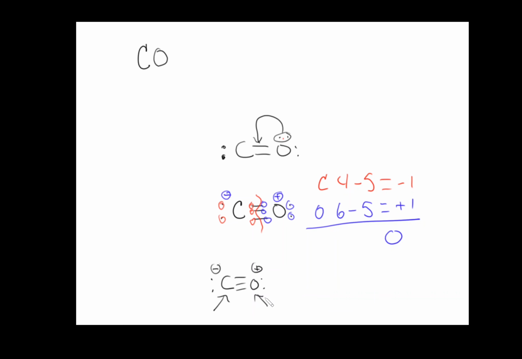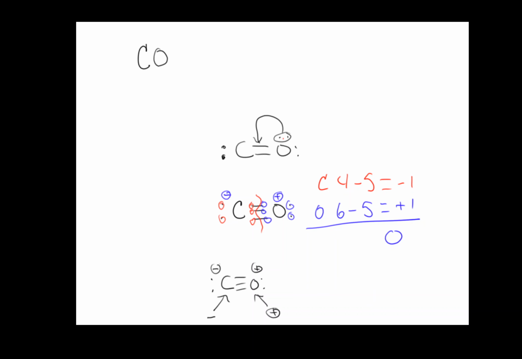And yet, look, the positive is on the oxygen and the negative is on the carbon, which seems completely counterintuitive. But the ultimate question is, in order to get the octets full, is that the only thing we could do? And the answer is yes, so we're going to live with it. And yes, this is the correct Lewis structure.